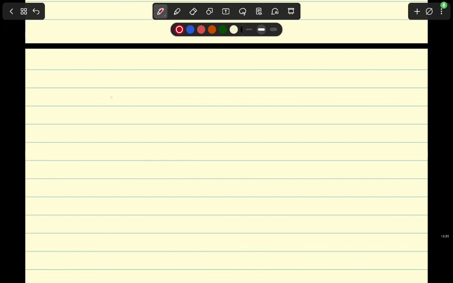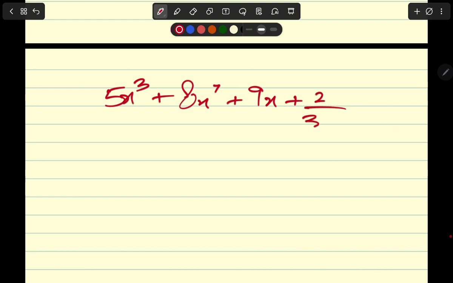So now, if I give you 5x to the power of 3 plus 8x to the power of 7 plus 9x plus 2 upon 3x square, right? And I ask you to integrate it. So first of all, always keep in mind that you can distribute this integral like this.